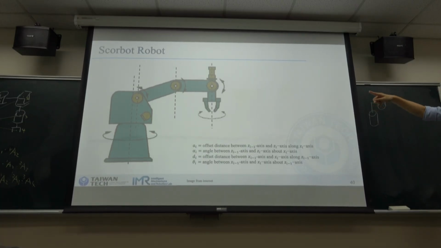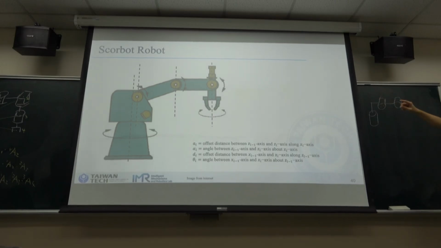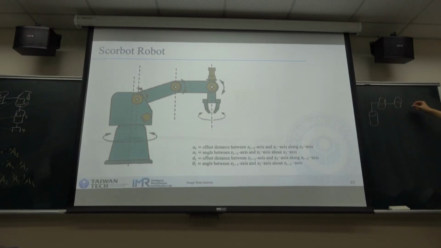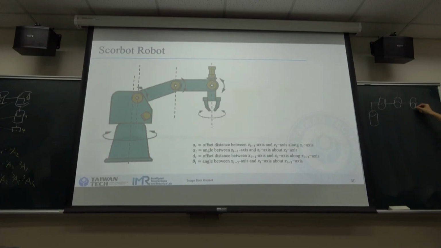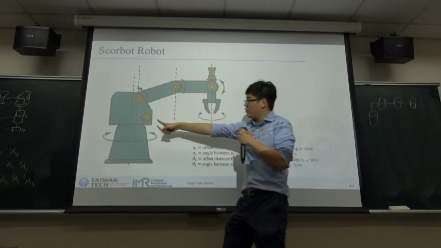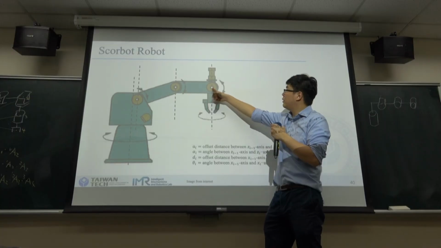And then there's another revolute joint, followed by another revolute joint. So this is joint 1, joint 2, 3, 4.